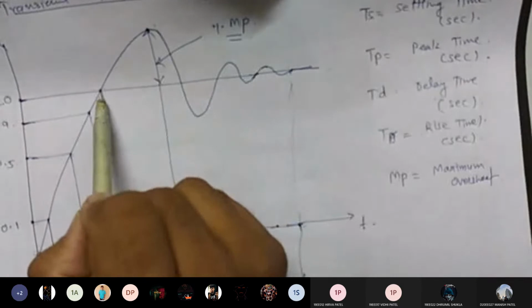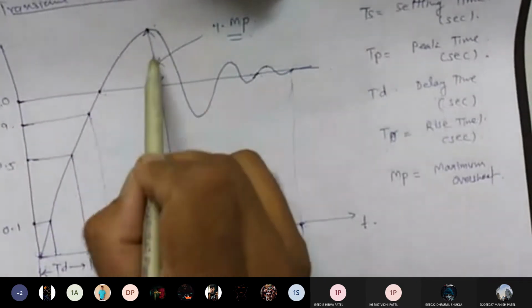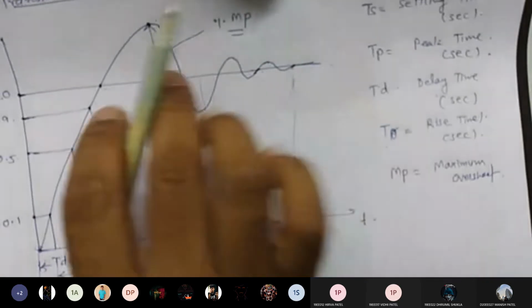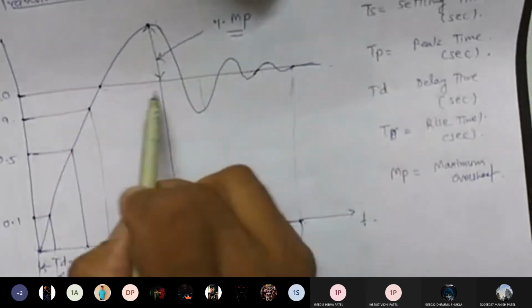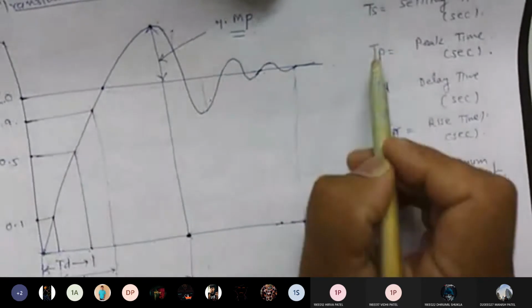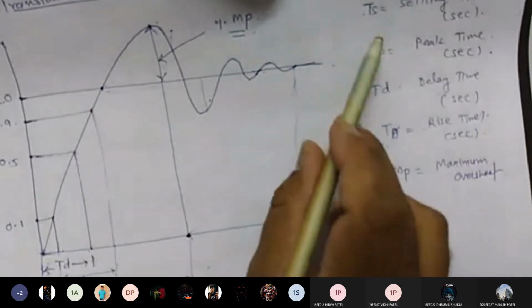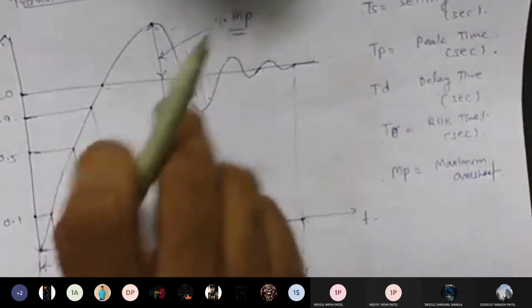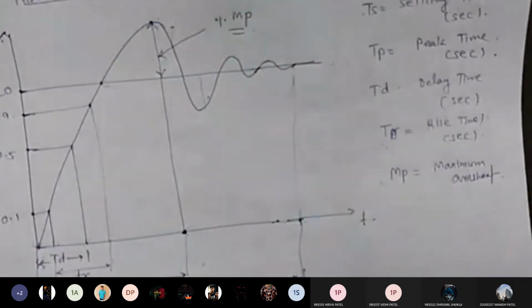Actually our requirement is this level, but it overshoots by this amount. What is this one called? Undershoot. But we are not mostly bothered about it, because this one is bigger and this one is smaller. So these 5 indicators are responsible for the response given by the system.